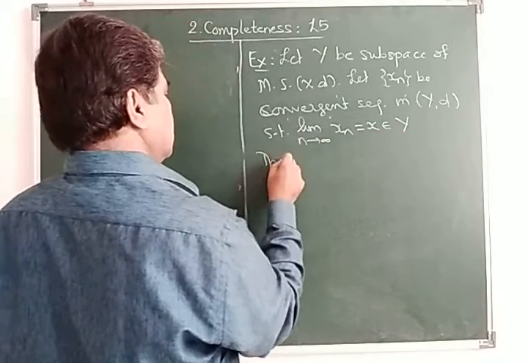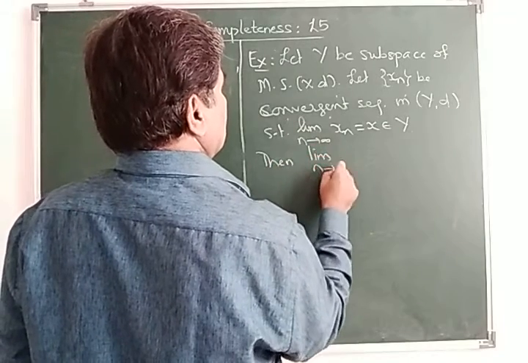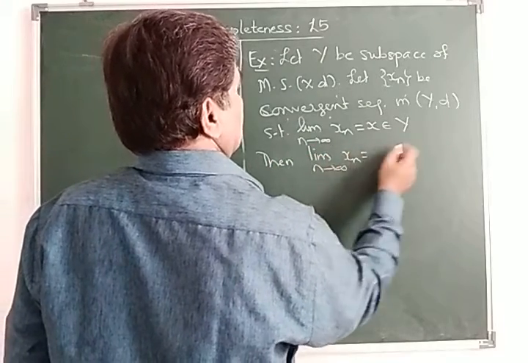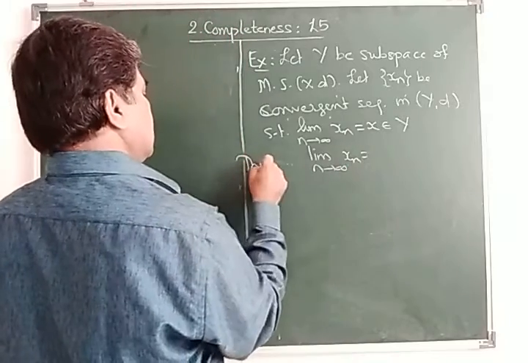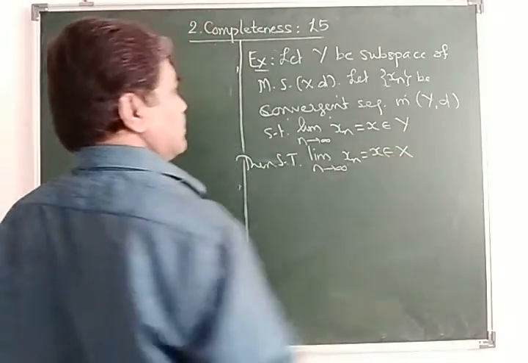Then limit of xn is equal to x, and x belongs to X.